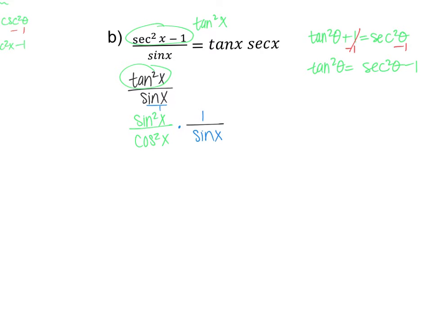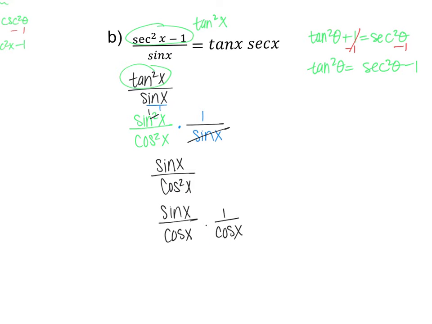Now, when I do this, I start to realize, oh, okay, the sines cancel out, at least one on the top and bottom. And so I'm left with sine on the top, just this sine times 1 is just sine, cosine in the bottom. But it's a cosine squared. So again, I'm thinking, okay, maybe I need to separate this cosine into 2 cosines in the top and bottom.